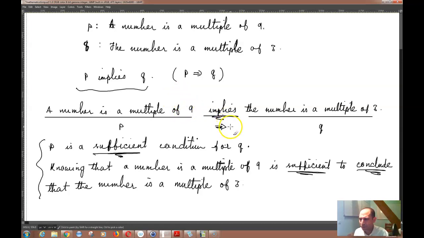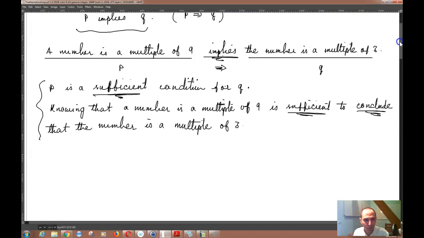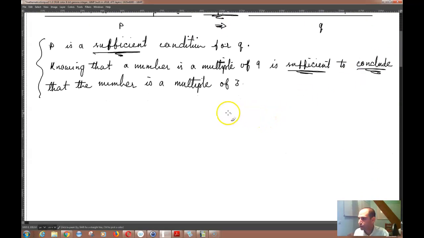There is one more meaning related to this, which is not very straightforward. Basically, when you say P implies Q, you can read this as P only if Q, right?